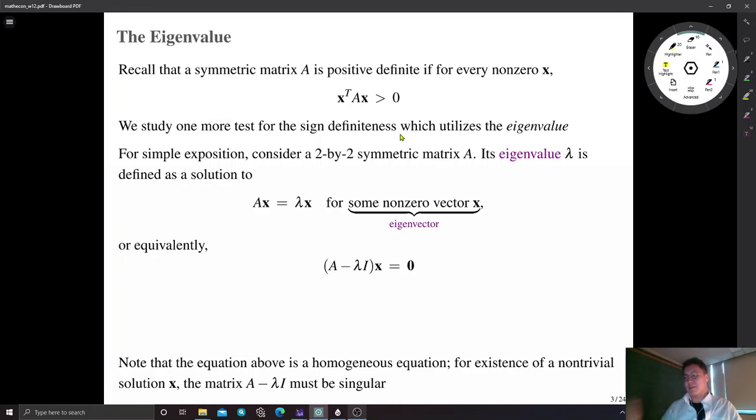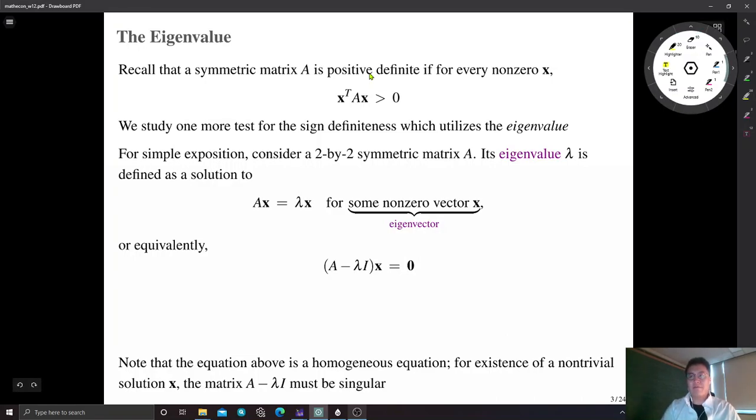The first order condition requires all partial derivatives to be equal to zero at the extreme value, and the second order condition requires the Hessian matrix to be either positive or negative definite. So we studied a simple criterion for determining whether the Hessian matrix is positive or negative definite.